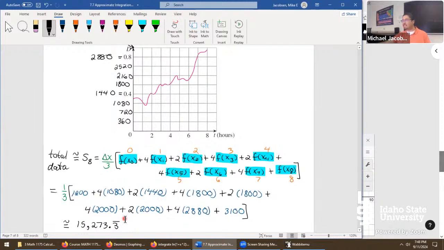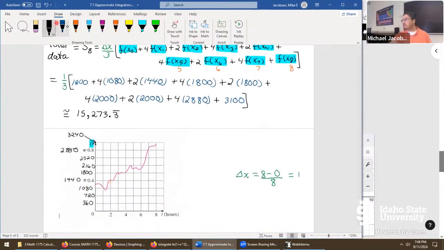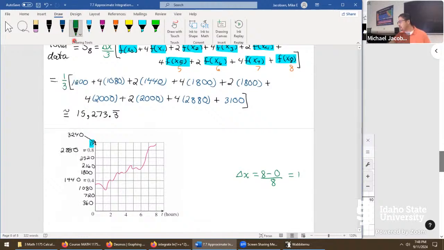But what's the unit on this thing again? Let's take a look. These things had units of megabits per hour. We're multiplying by hours because this delta X actually has a unit. This is in hours as well.